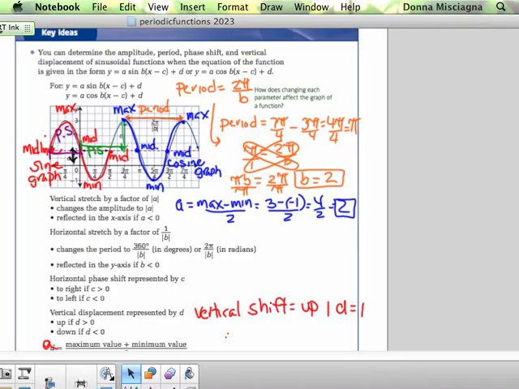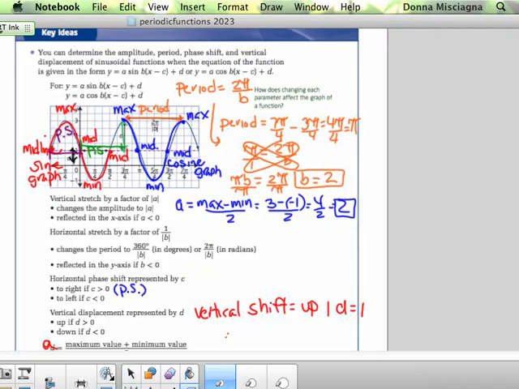So let's go ahead and we'll write those both in under horizontal phase. So phase, I'm going to put PS. So where it says phase shift, just put PS next to it. So PS stands for phase shift. So the phase shift for the, well, it's supposed to be purple.